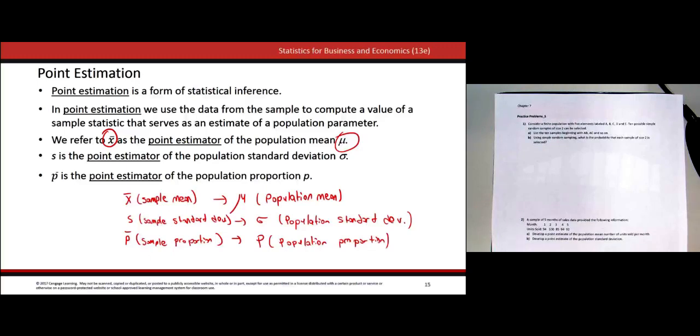In that case, you can randomly select a subset of the population, calculate the sample mean, and use it to estimate the population mean. But the sample mean is just one single number, and we don't know how close it is to the true value of the population mean.